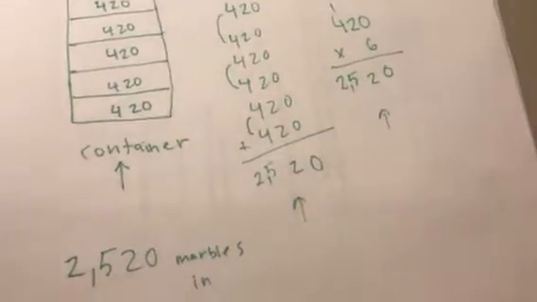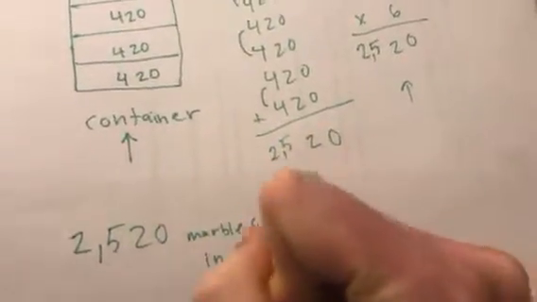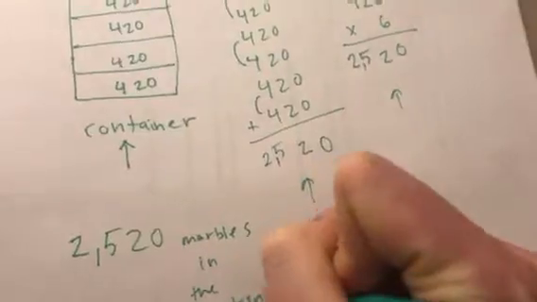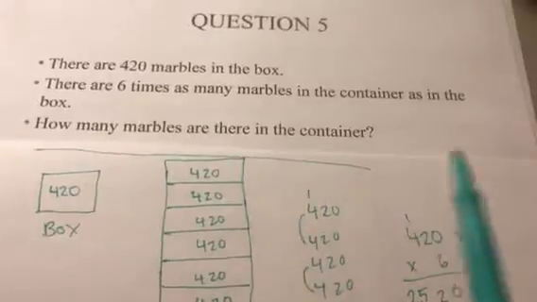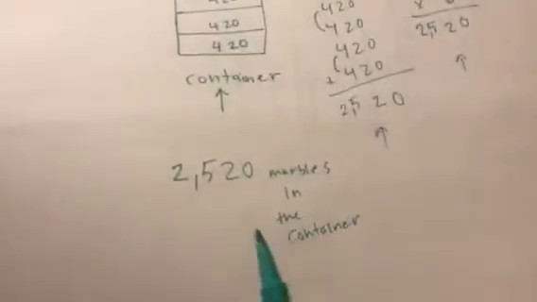But I wouldn't just say marbles in general, I'd say marbles in the container. Because I'm trying to find marbles in the container, not marbles in the box, I could cross out this question, write a new question, say how many marbles are there total, in which case I would take the marbles in the container and add them to the marbles in the box.